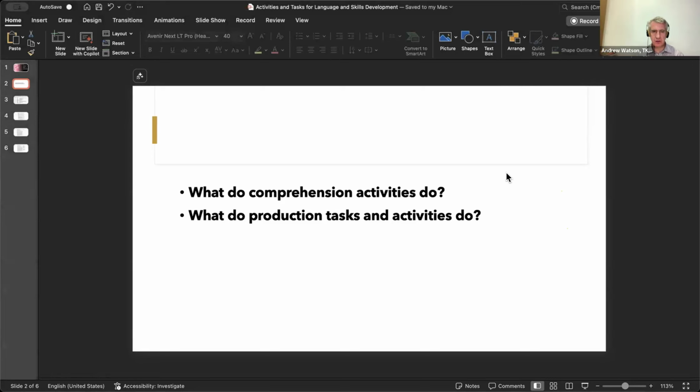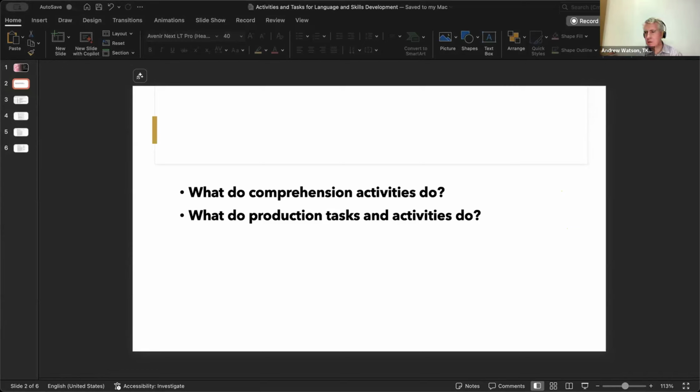What do comprehension activities do, and what do production tasks and activities do? Anyone able to answer those questions?